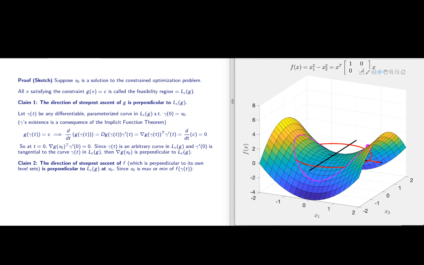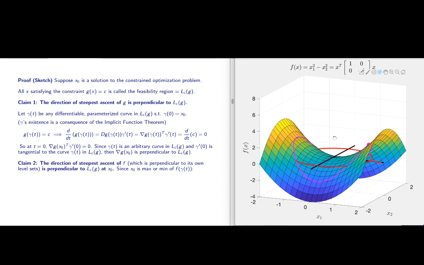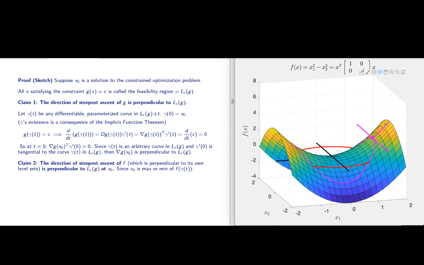Remember that this red arrow here is the gradient of g at x naught. If I compute the gradient of f, we can see that it is just a scaling of the gradient of g. And if I compute f in the direction of that gradient, that gives me the direction of steepest descent. We can see that along this magenta line, I increase most rapidly in this area.